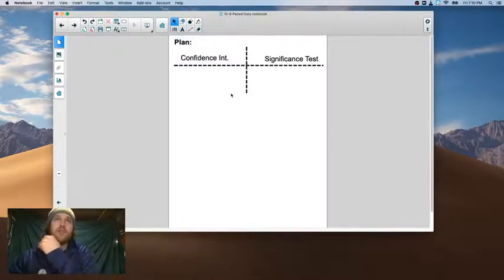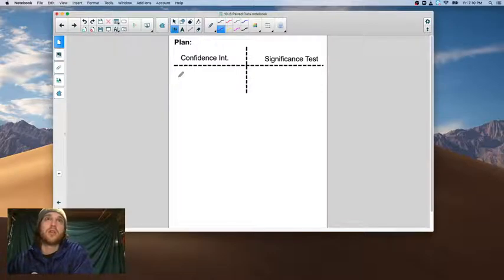For the confidence interval, we are doing a paired T interval. For a significance test, we're doing a paired T test. Bingo. Green. Sweet.